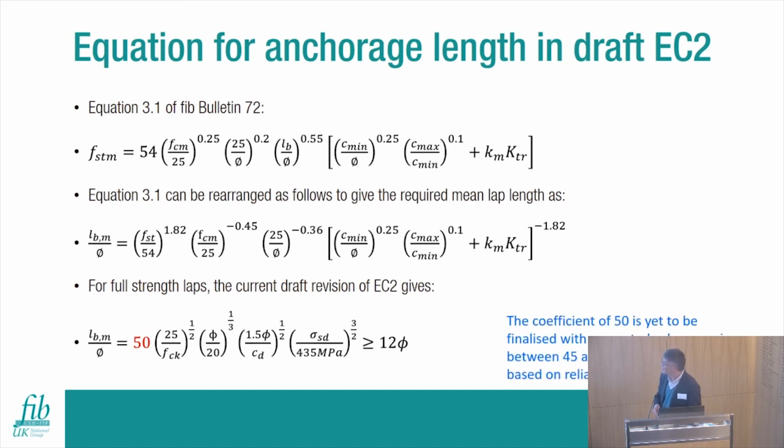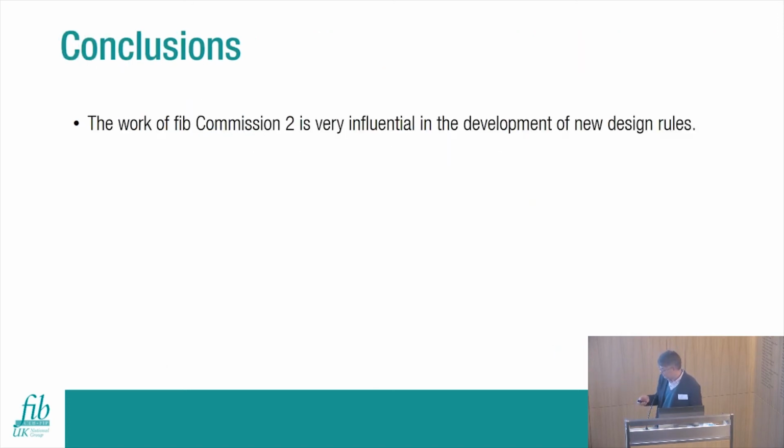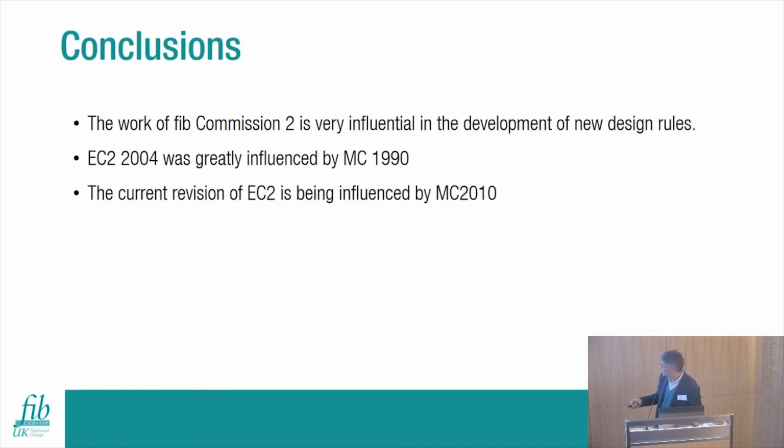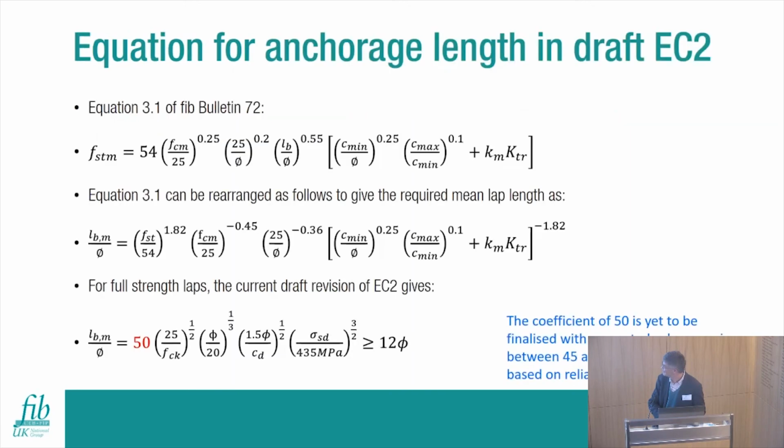So that equation has been rearranged and placed in the current revision to the Eurocode, sorry, the computer's getting a bit bananas. And this equation gives us the required anchorage length expressed in terms of the concrete strength, the bar diameter, and also the bar spacing and cover.